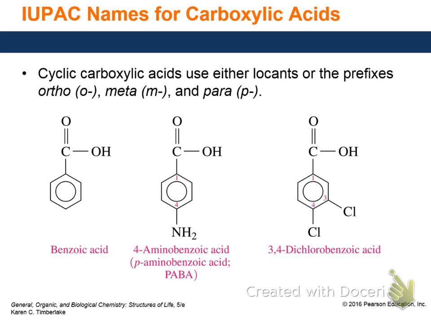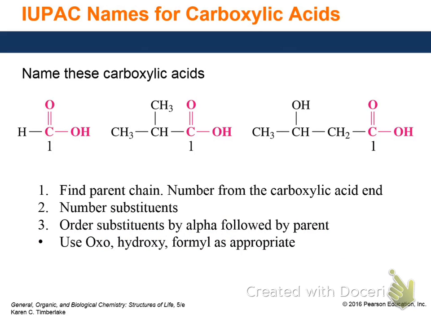Oh, one other thing. These sometimes have common names, okay? And remember, I've talked about these before. I actually think I have it on a separate slide, but I'm going to go ahead and do it here again. 1 carbon is form.